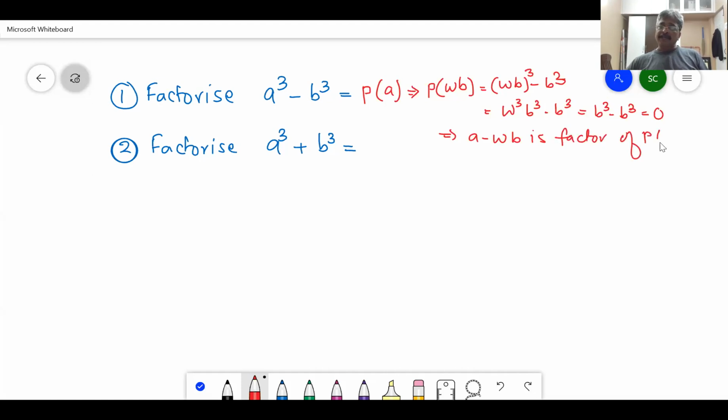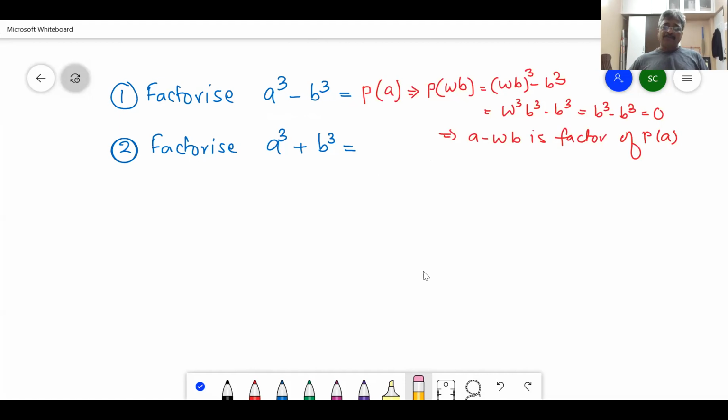So we have got one more factor. We already knew one factor, A minus B. Now we have got one more factor, and we need one more because it's a degree 3 equation. We need 3 linear factors.